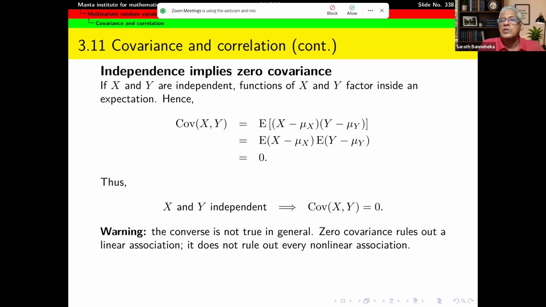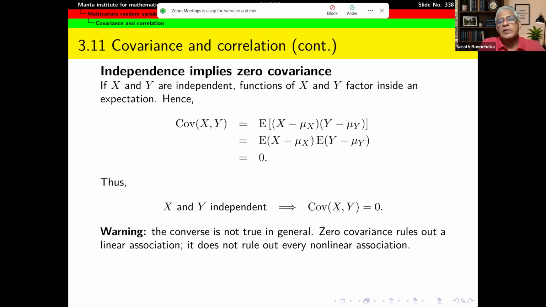For example, you can define it using the joint mass function and joint density function. If the joint mass function or the joint density function, depending on whether the random variables are discrete or continuous, can be written as a product of the corresponding marginal mass functions or marginal density functions, then we say the two random variables are independent. That is one way to define independence.